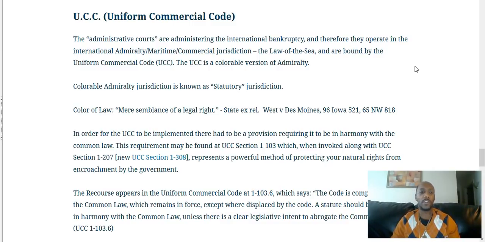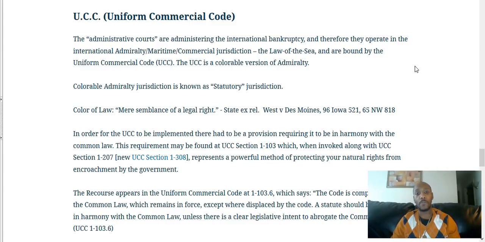In order for the UCC to be implemented, there has to be a provision requiring it to be in harmony with the common law. The requirement may be found at UCC section 1-103, which, when invoked, along with UCC section 1-207, which is also known as UCC 1-308, which is also the new version of section 1-207, is the universal reservation of rights.